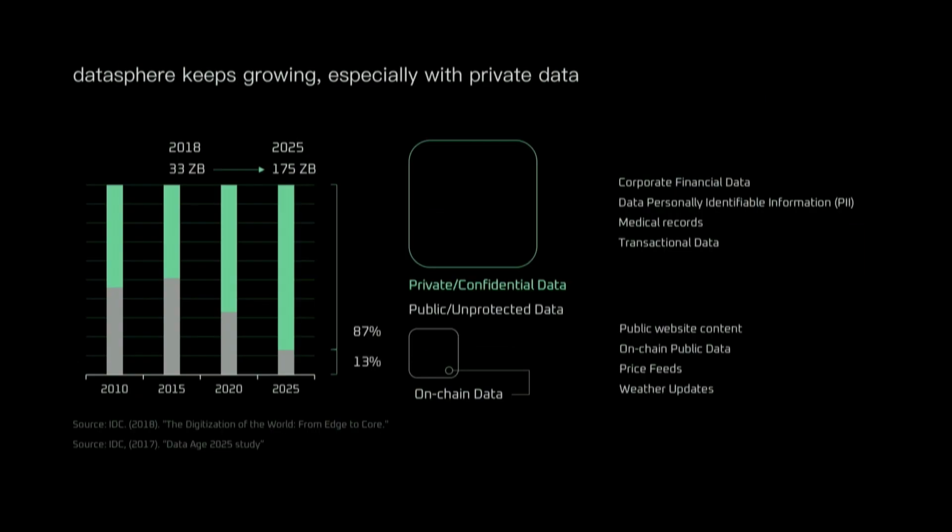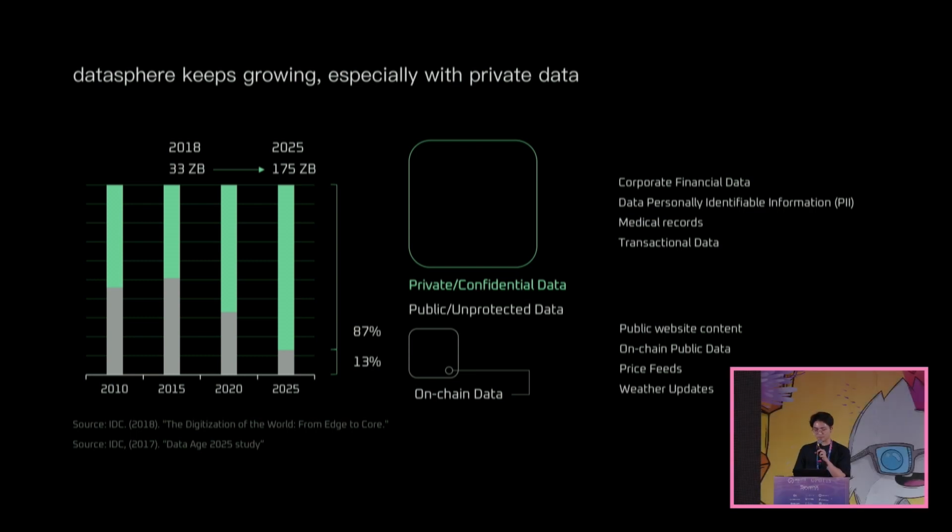Yeah. So you guys might be wondering, why are we focused on private data? So let's look at a report from 2018. And you can see the overall data sphere is increasing, and the percentage of private data is increasing. The reason for this is pretty obvious, as the private data is mostly customer data.